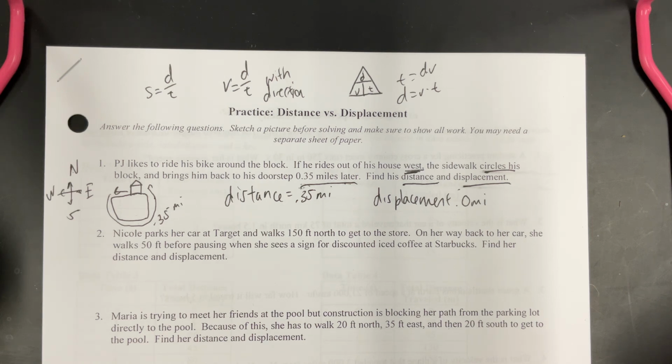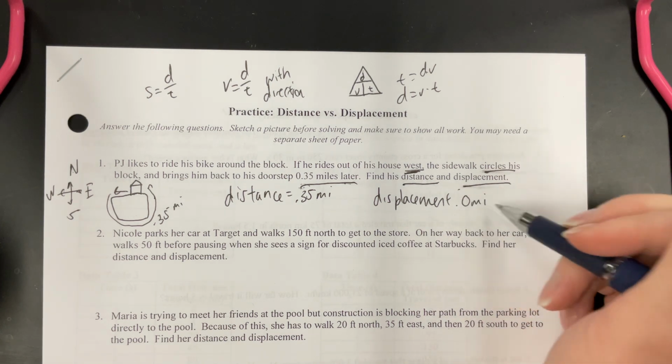What matters as far as displacement then? If I tell you that the displacement is 0, it's because he started and ended at the same place. So displacement, where you start and where you end, is the only thing that you take into account. Okay, so since he started and ended at the same place, his displacement is going to be 0. Okay, good.